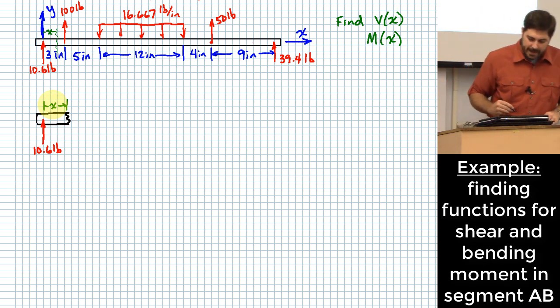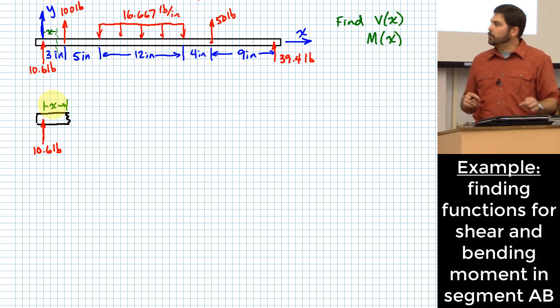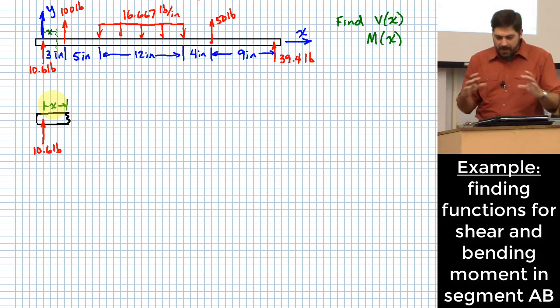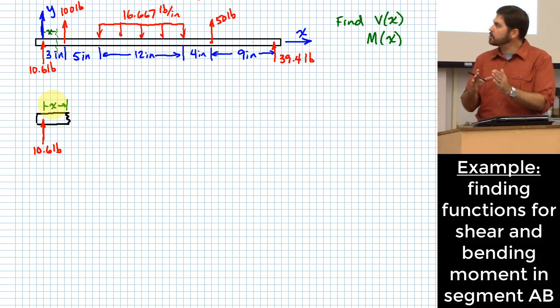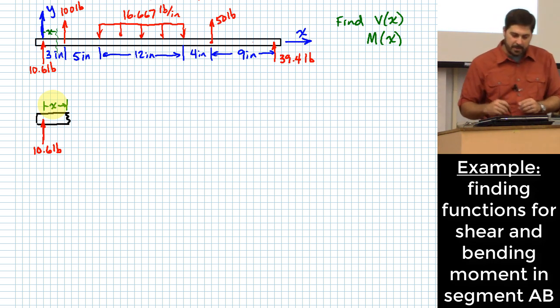Wonderful. Now, here's where you need to be careful with your sign convention. What I recommend is that you always draw your V and M reactions at the cut according to positive sign convention. Assume they are positive. Once I solve for it, whatever I get as my function, I can just use as my value for that function for this domain, which, by the way, I meant to put up here.